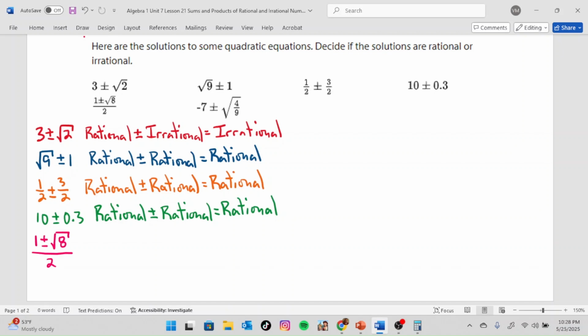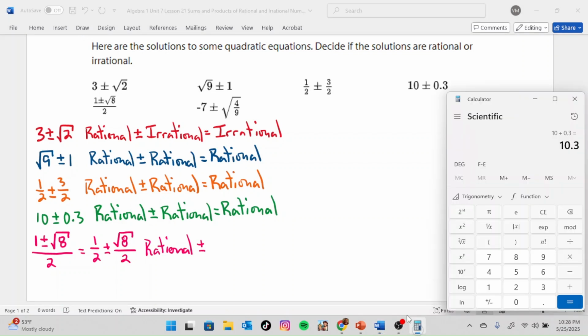Well, this is going to be 1/2 plus or minus the square root of 8 over 2. 1/2 is a fraction, so that is obviously rational. But square root of 8 is not a perfect square.